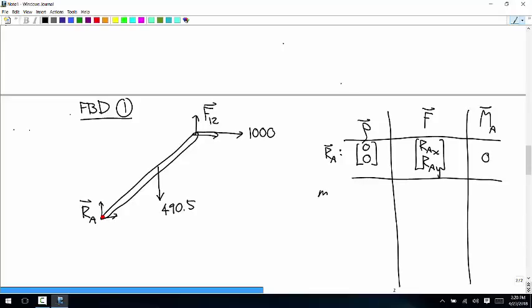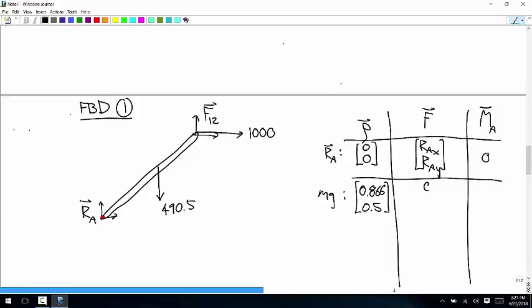And next is the weight force. The rho vector, the length of the whole thing is 2 meters. So the distance from here to here is 1 meter. So that's 1 times cosine and sine of 30 degrees. So that's 0.866, 0.5.